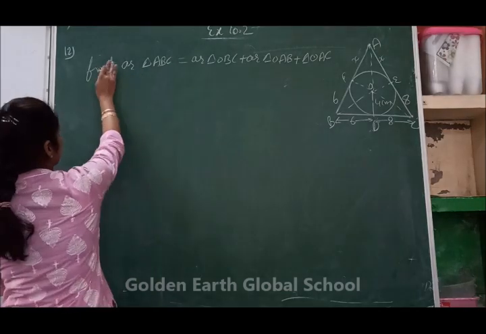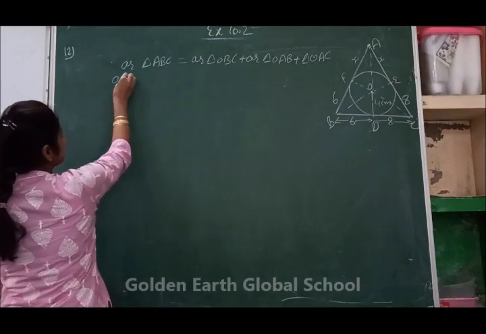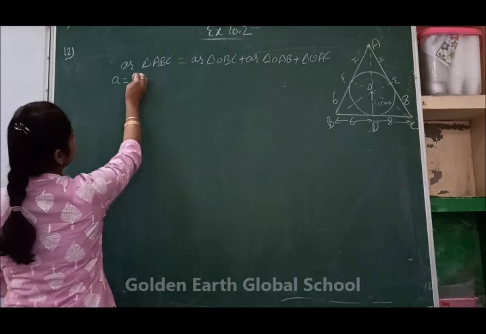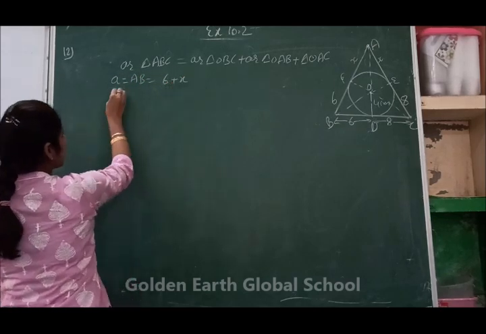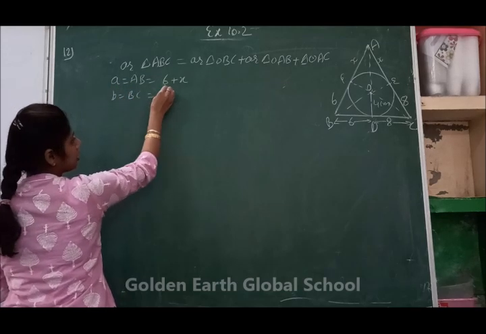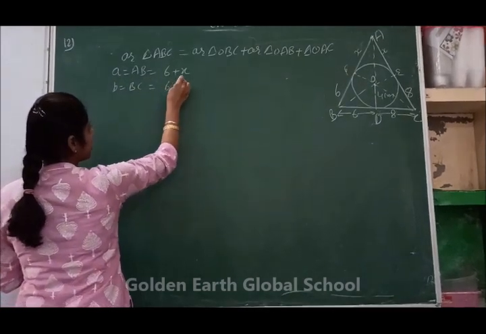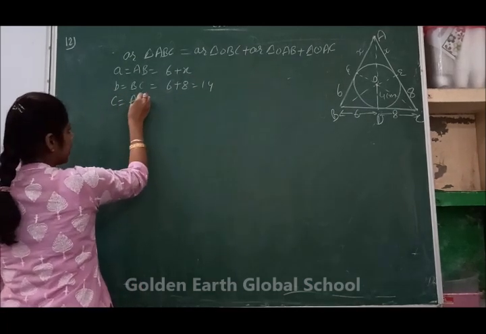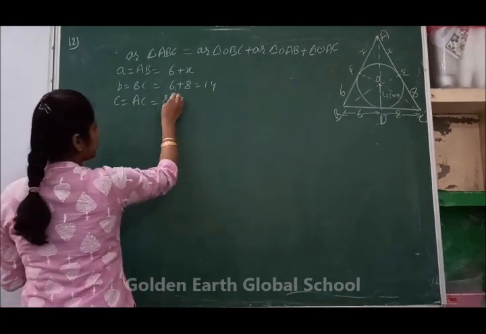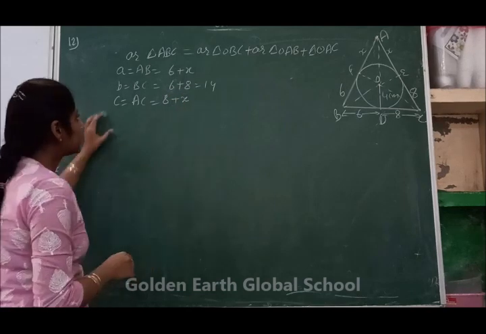First of all, we will find the area of the complete triangle. In triangle ABC, the 3 sides are: first, a, that is AB, 6 plus X. Second, BC, which is equal to 6 plus 8, that is 14. Third, AC, 8 plus X. Okay? 3 sides of ABC.